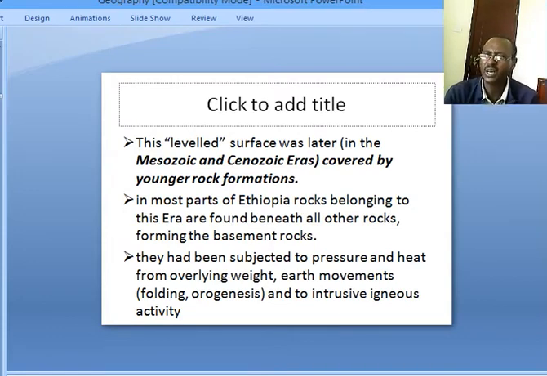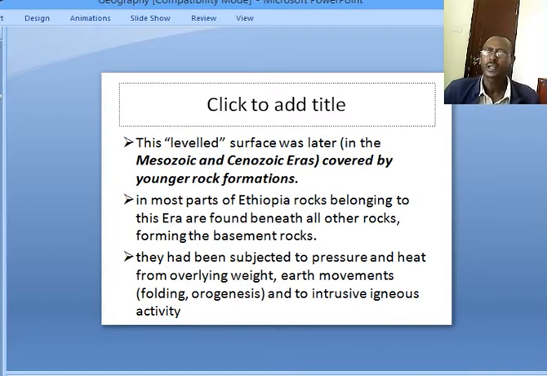They will start to harden and form a rock. In another era, through wind erosion or water erosion, another layer will come over the underlying one. It goes on and on, and it will form a rock. This kind of rock formation is called sedimentary rock. These are rocks formed from the settling down of sediments.